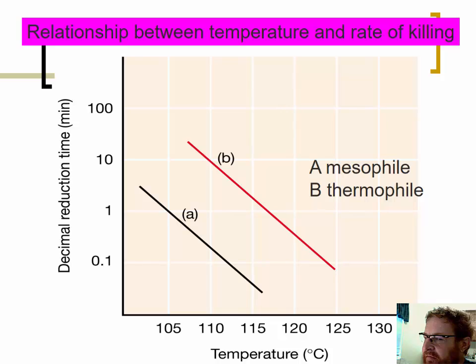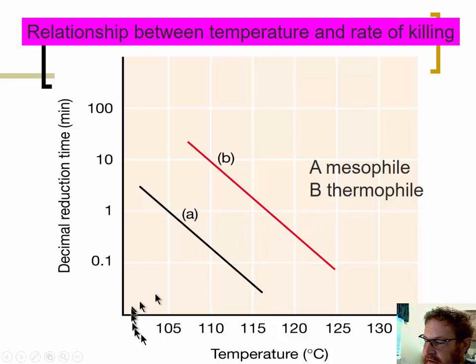Here is an example of what I was just saying about different things taking different amounts of killing. Here we have, in A, a mesophile, in other words something that grows at a medium temperature. Again, something like E. coli would be like that. Or in B, a thermophile, which is something that likes heat.